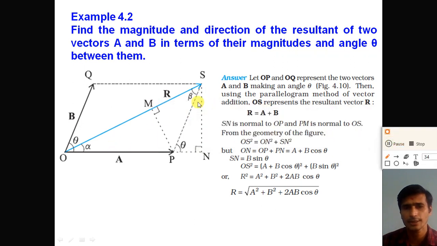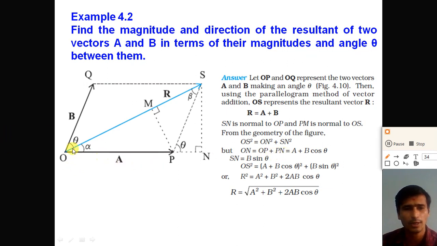So dear student, first of all draw the normal line SN to OP, and second, the normal line PM to OS. From the geometry of the figure, OS squared is equal to ON squared plus SN squared, but ON is equal to OP plus PN.